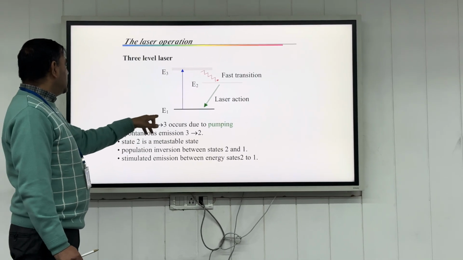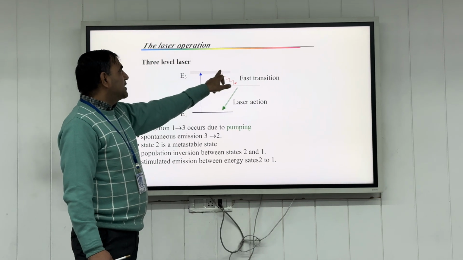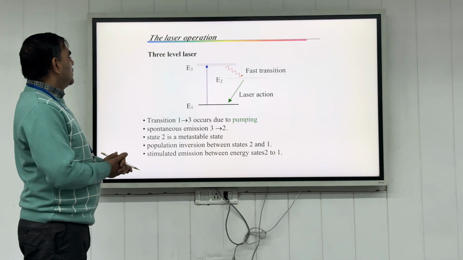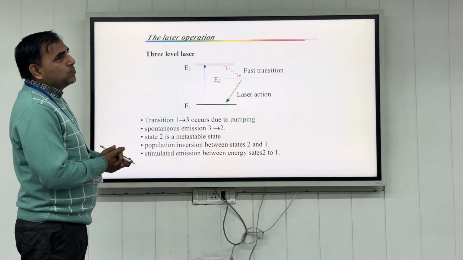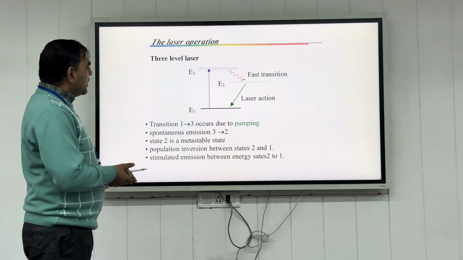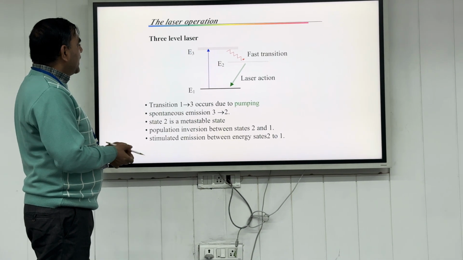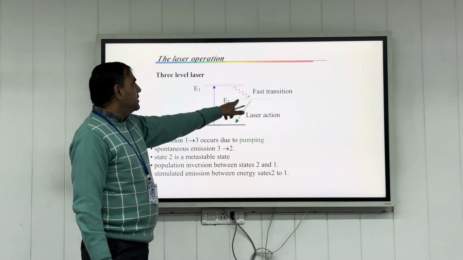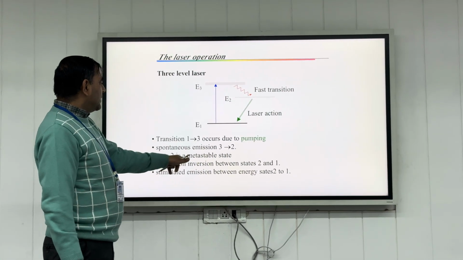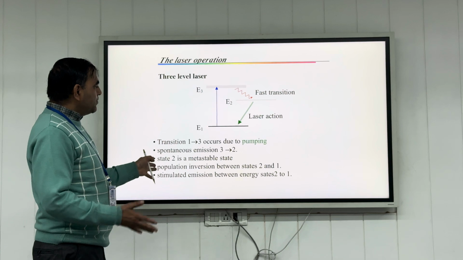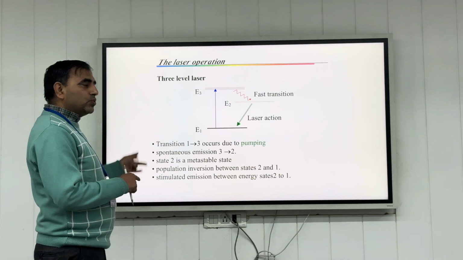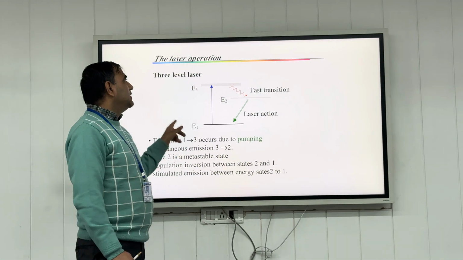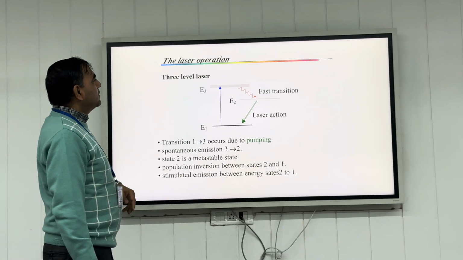In the higher energy state there is spontaneous emission, and the time period is very small, 10 raised to power minus 7 to 8 seconds, and there is no laser action. Some atoms or electrons reach the E2 state, that is the metastable state, and there is a population inversion between state 2 and 1, and the laser action takes place, which is known as stimulated emission. So this is the 3 level laser.